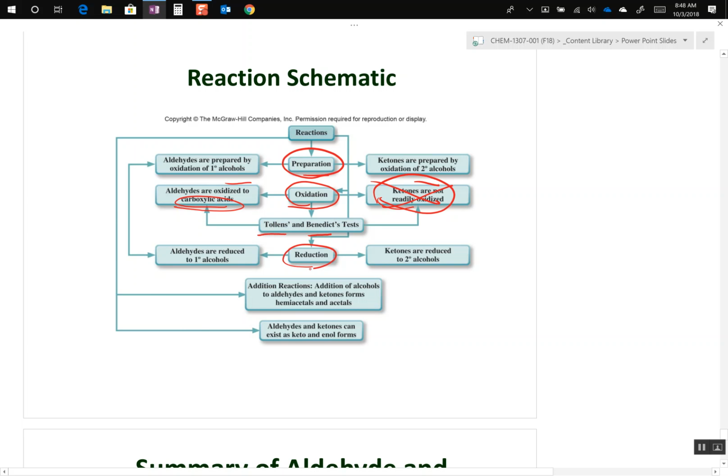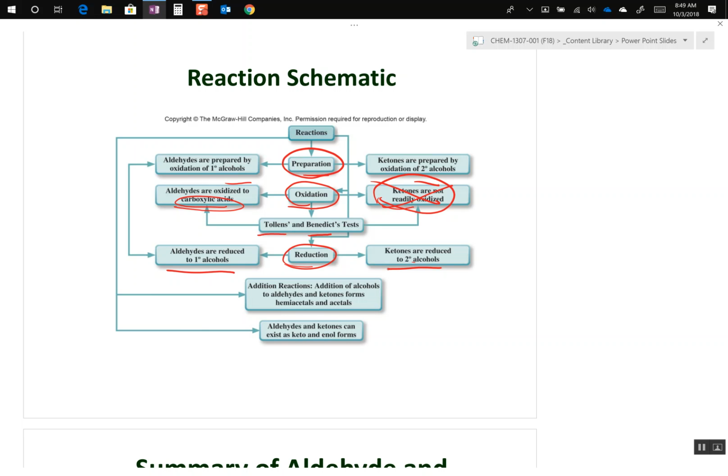Okay, reduction. Remember, if you're an aldehyde, you will reduce to a what? Primary alcohol. If you're a ketone, you will reduce to a secondary alcohol. If you take a ketone or an aldehyde and react it with one alcohol, what are you going to form?